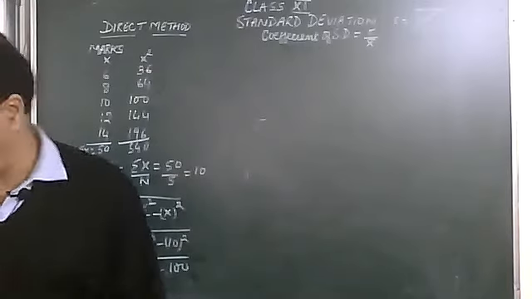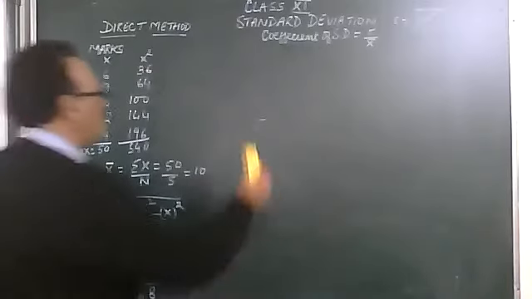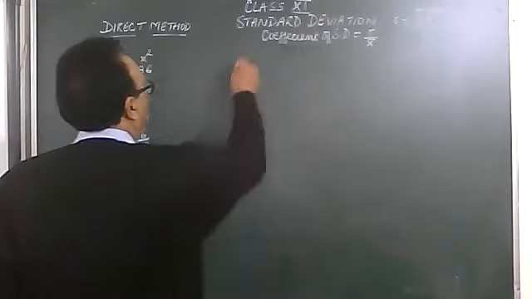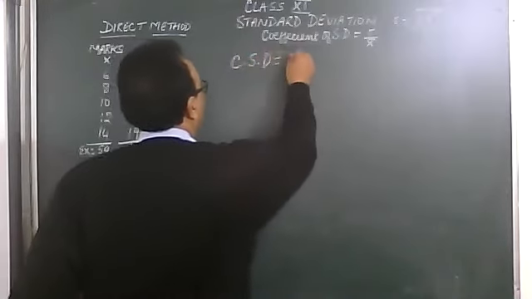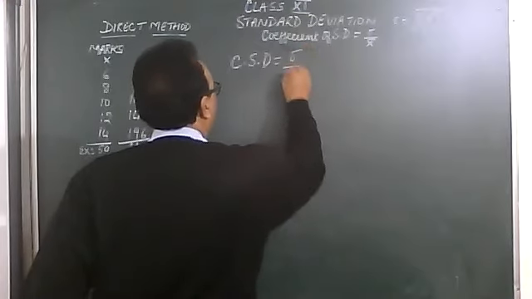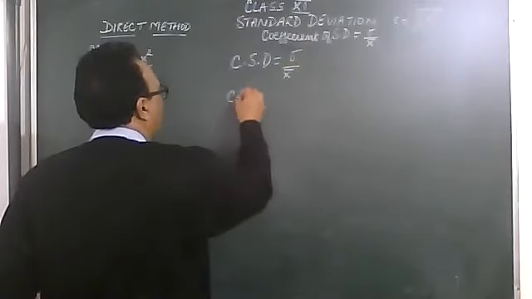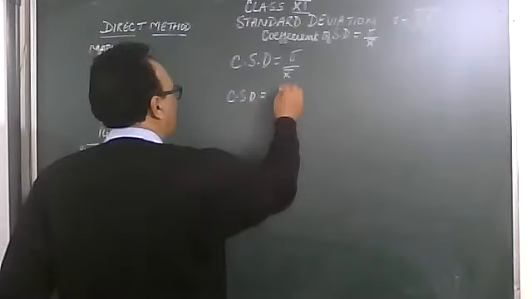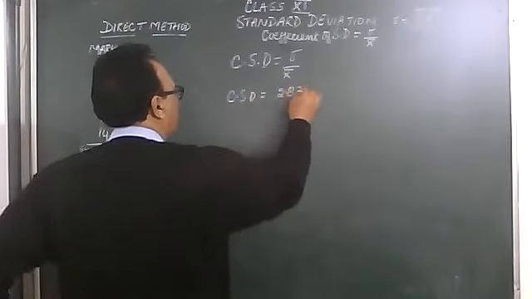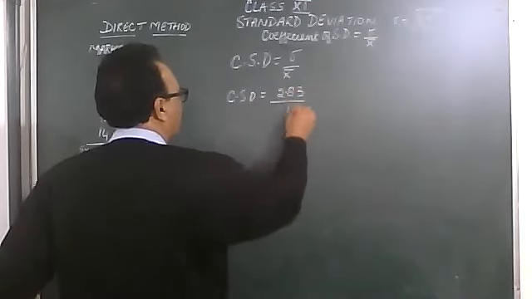Coefficient of standard deviation, I will write it in short form. Coefficient of standard deviation is equal to standard deviation upon mean. So coefficient of standard deviation is 2.83 upon the mean, which was 10.